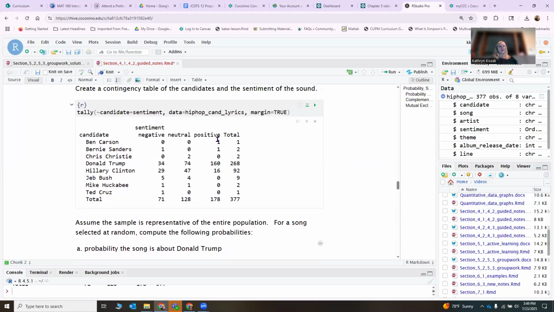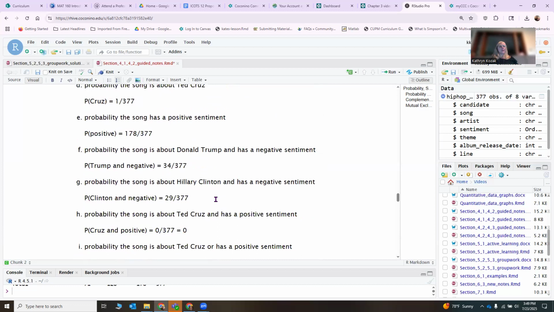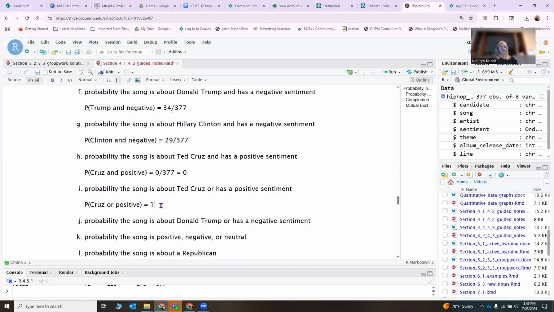It could be positive, and there were 178 that were positive. So we add up the 1 and the 178, we get 179 out of 377. So that's what or means, we're going to add them all together.